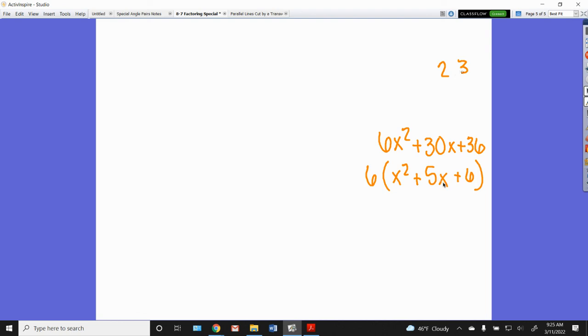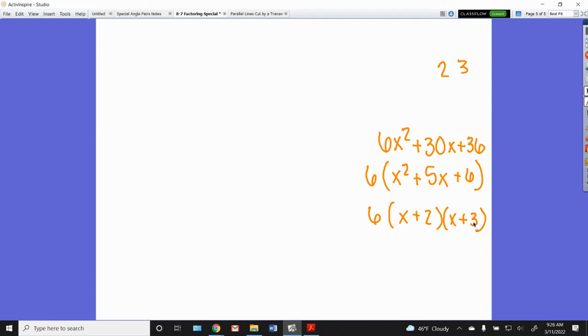You see what I'm saying? So is this a perfect square trinomial? No. Can you factor it anyway? Yes. Does everybody get that? So would we have to make the parentheses? So yeah, the answer to this would be 6, and then you would say x plus 2 or 3, it doesn't matter, and then x plus the other one, the order wouldn't matter. And that would be your answer if you were asked to factor that. But if they asked you, is that a perfect square trinomial? The answer would be no, because 6 isn't a perfect square. Okay? All right. So I just wanted to tell you that.